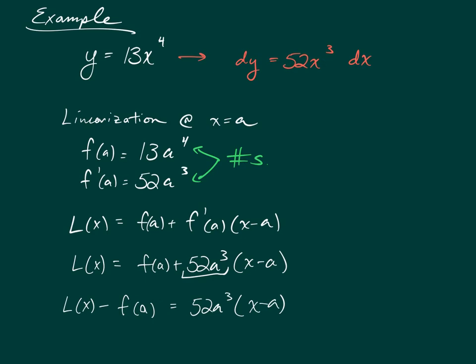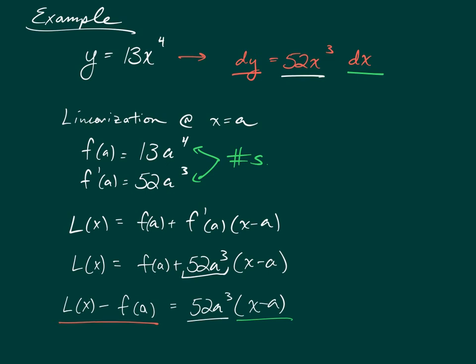So if you compare this, I'm going to do the left side, the 52a cubed under white and the x minus a here. Those all correspond with these same three parts up here.